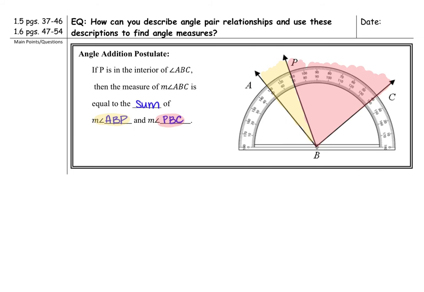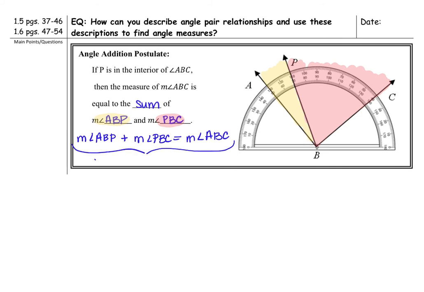So similar to when we did the segment addition postulate, we wrote segment addition statements. We can write angle addition statements. So here's what that would look like. The measurement of angle ABP plus the measurement of angle PBC is equal to the measurement of angle ABC.